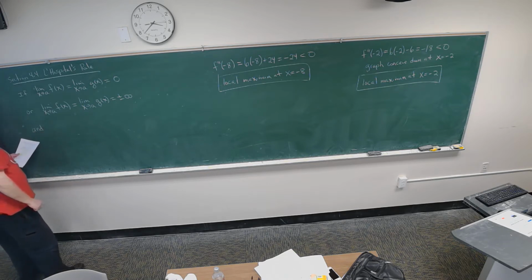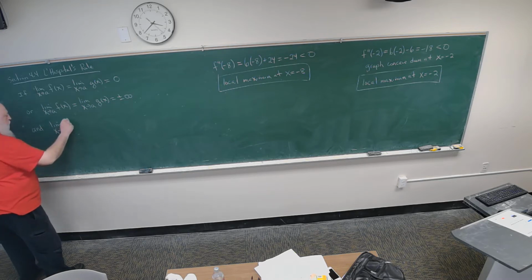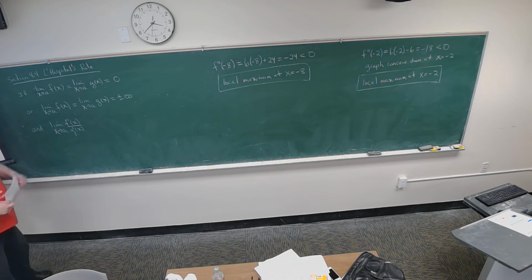And we have the condition that the limit as x approaches a of f prime of x over g prime of x, that's the ratio of their derivatives now, right? So here we're doing the limit of f of x and g of x. Down here we're doing the limit as x approaches a of f prime of x over g prime of x, okay? The first derivative of f of x over the first derivative of g of x.